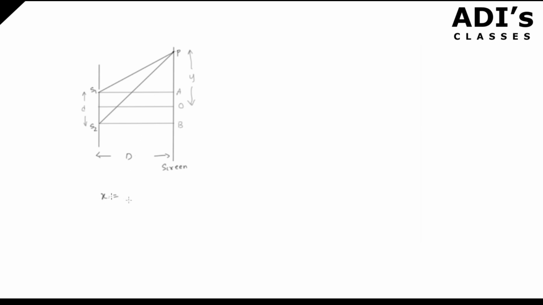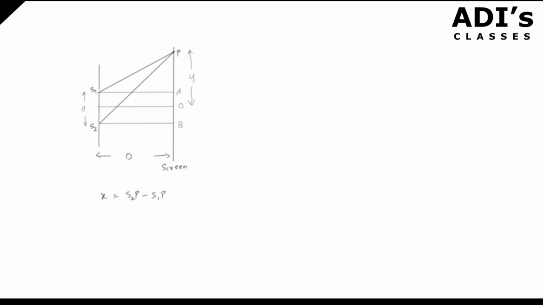Now from S1 we'll join the screen, and the same way from S2. Let's call these two points A and B. Every distance is measured from the center, so point P is at a distance of y from the center.